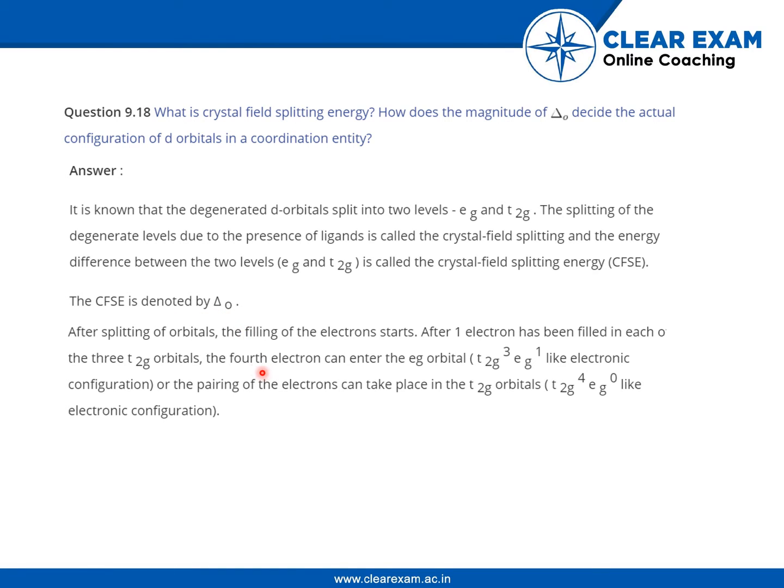So after the split, I will just give you a small example, and I will explain what is T2g and Eg. Basically, just consider these five d orbitals. These all are here. What happens is that this is one level, this is another level.